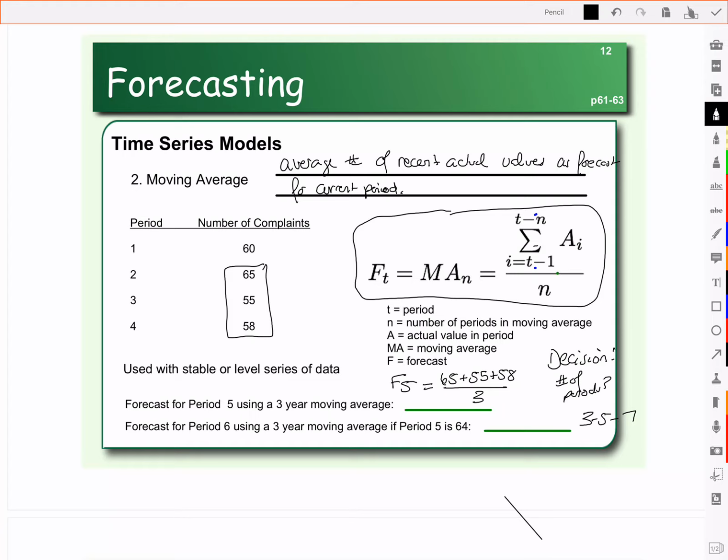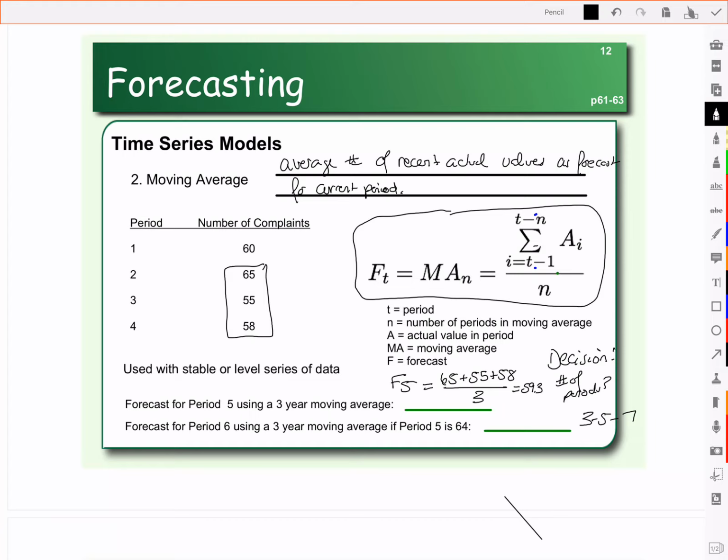So if we do that calculation, 65 plus 55 plus 58 divided by 3, we get 59.3. So our forecast for the number of complaints in year 5, based on the last 3 years of complaints, is 59.3 complaints in the year.